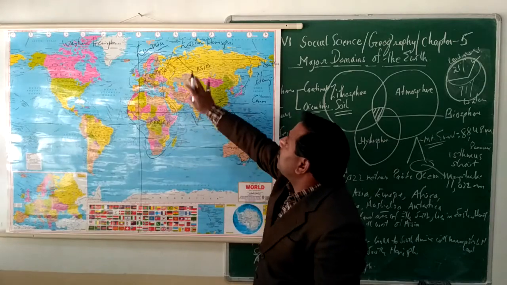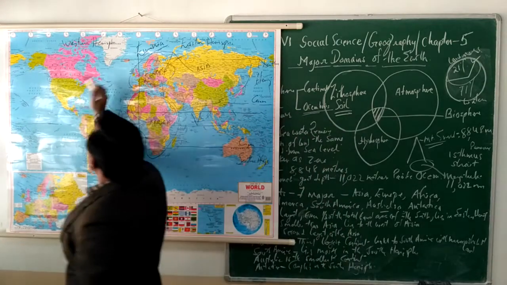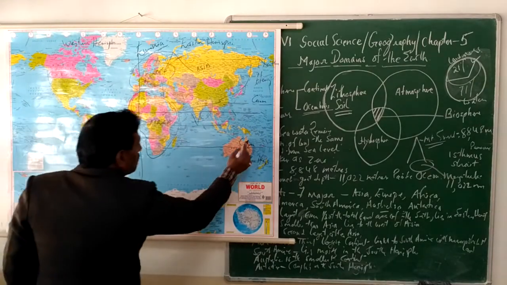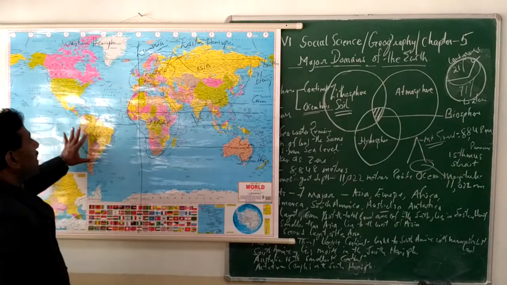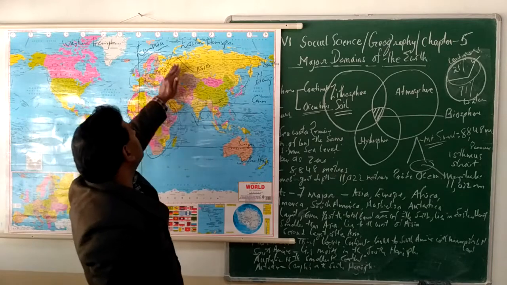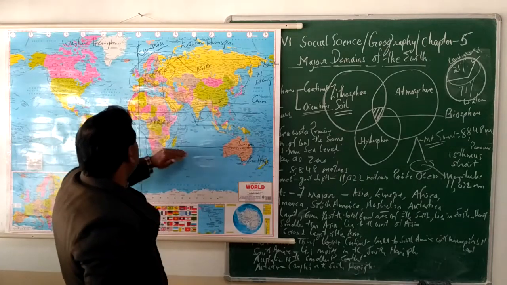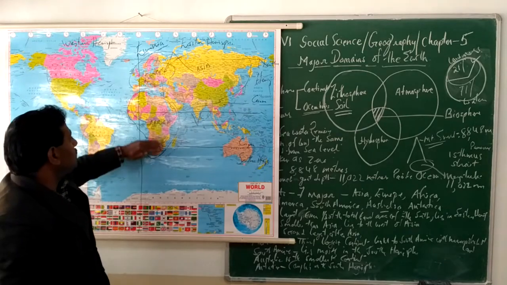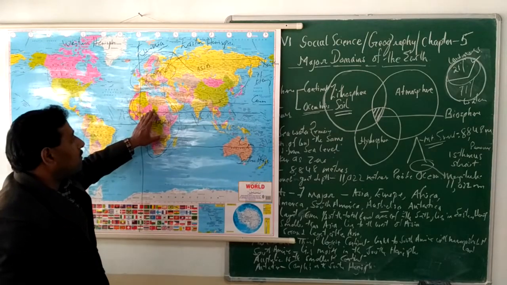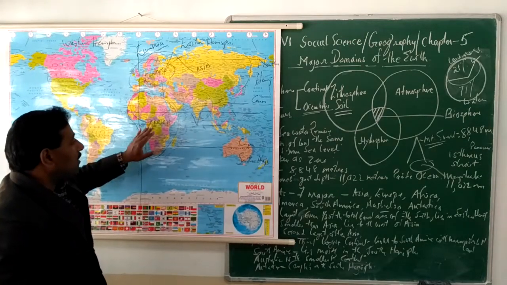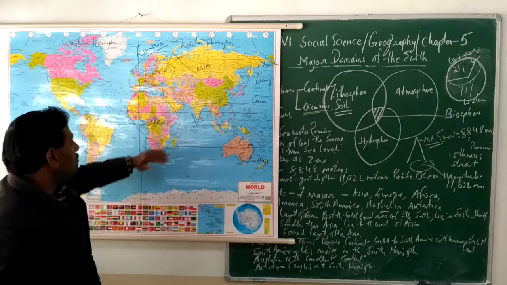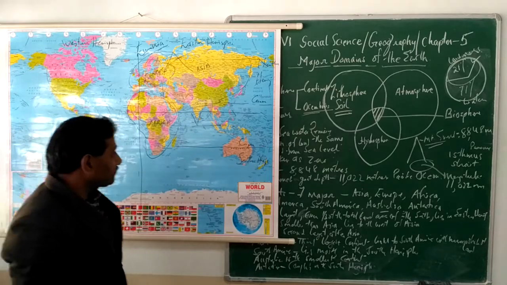No other continent of the world, whether you talk about North America, South America, or Australia, has all three lines passing through it. So it is the only continent where these three lines pass through: Tropic of Capricorn, Equator, and Tropic of Cancer. All these three lines pass through Africa.